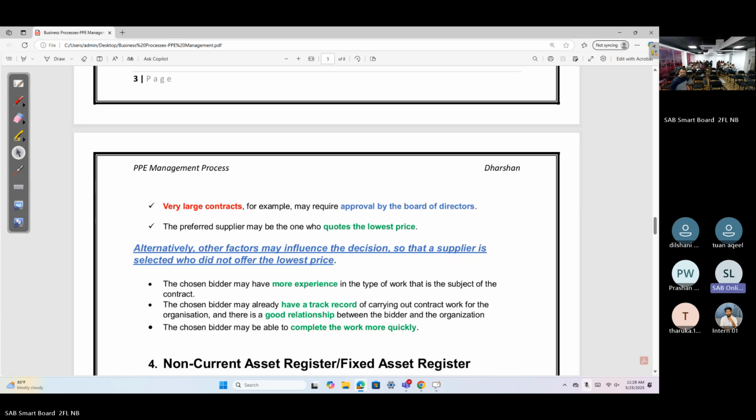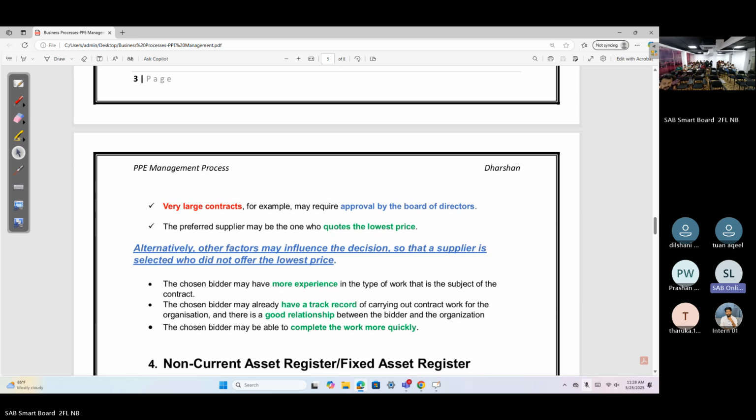But alternatively, other factors may influence the decision so that a supplier is selected who did not offer the lowest price. 90%, 80% lowest price, okay. But there are some situations where you may select one of the other suppliers who has not quoted the lowest price. What are those situations? This is important. You should remember this.